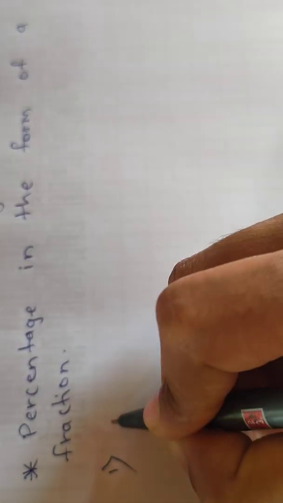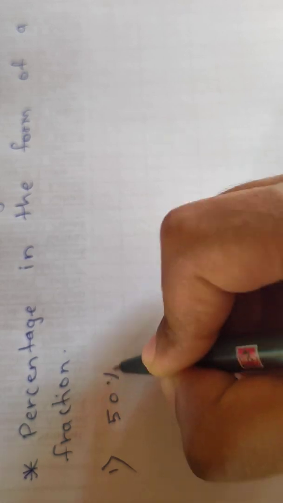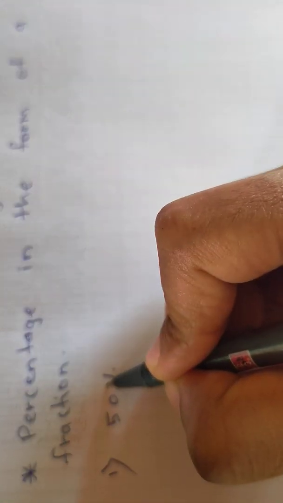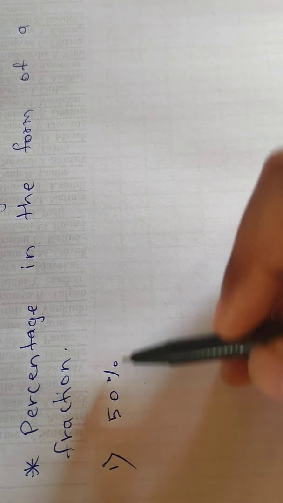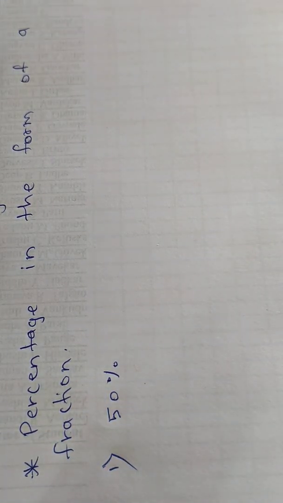First example is 50%. The symbol of percent is like this. Now, always remember one thing, that a percentage is found out of 100.